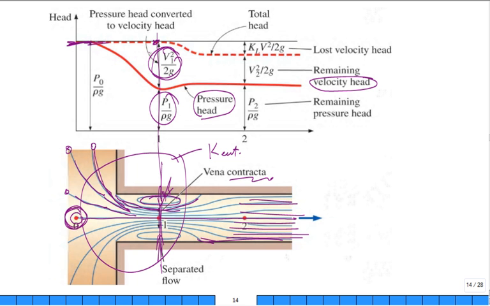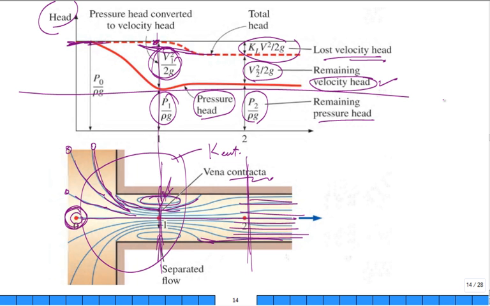They really could have shown it even coming down here as loss already having occurred due to friction. But after you get through the entrance region, you will have some velocity head, some pressure head, and some loss due to friction dissipation, especially with that separation region. So this is like a head diagram as a function of length showing that loss.